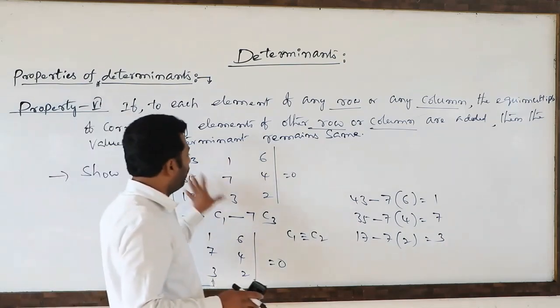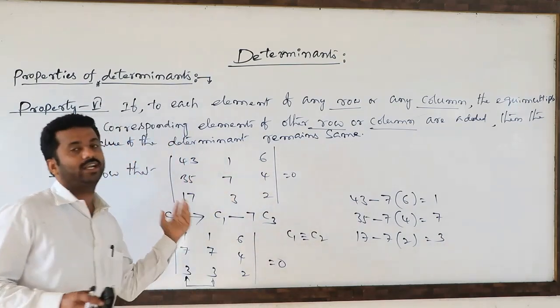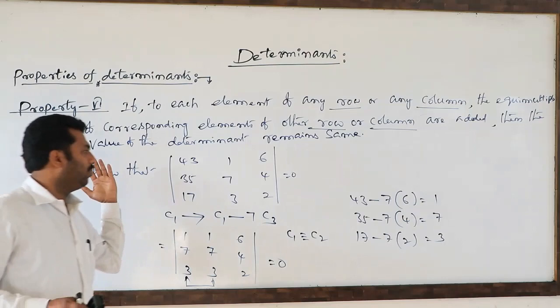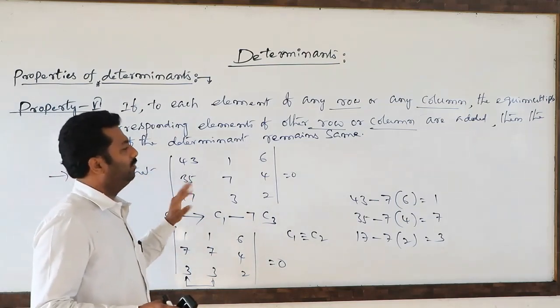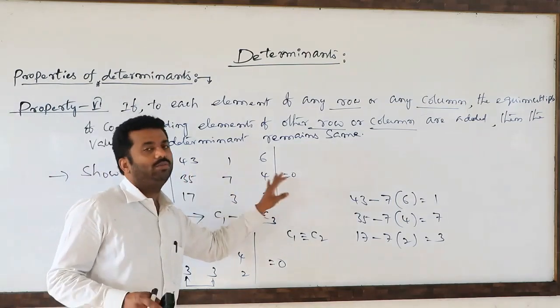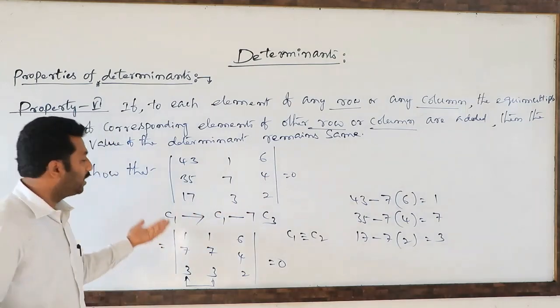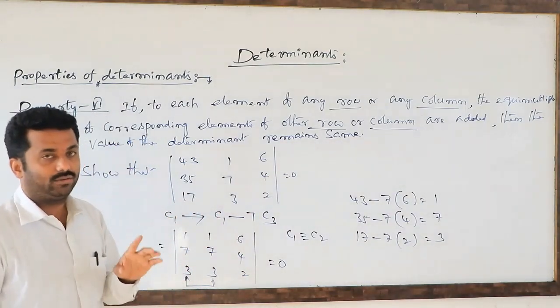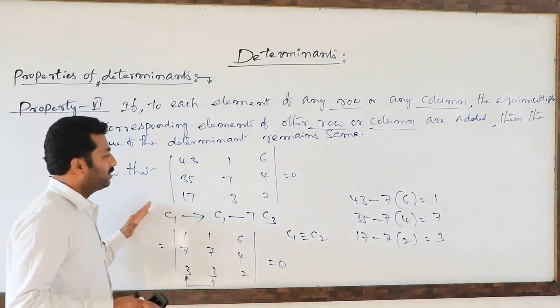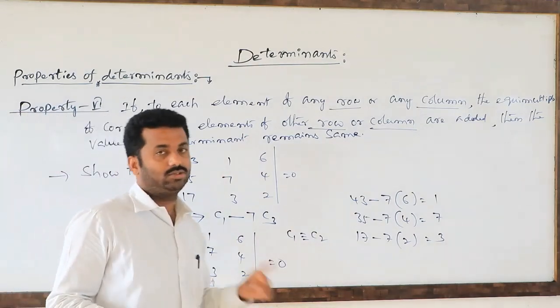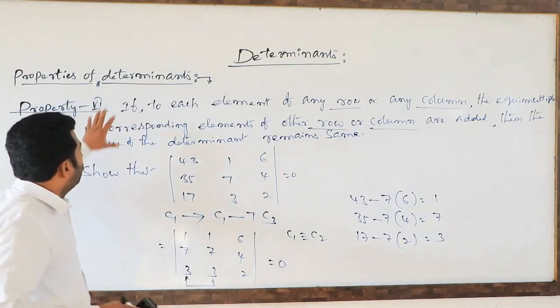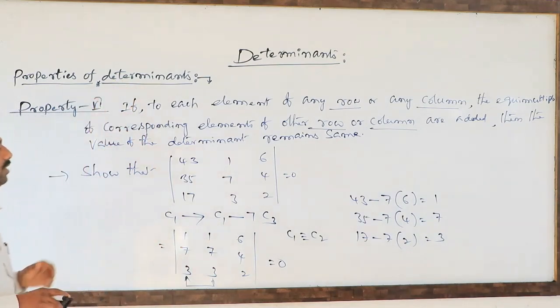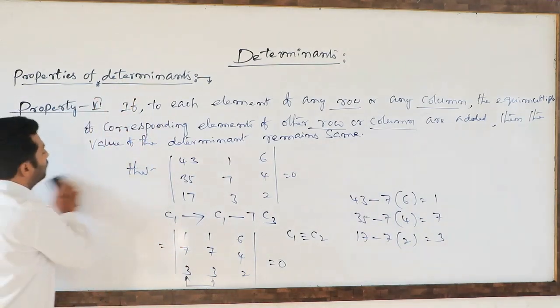Or you can expand directly along any row or column, and the answer will be 0, but it takes more time and occupies more space. From the entrance point of view, to answer within a short time without using space, you should learn properly and remember the properties clearly. Next.